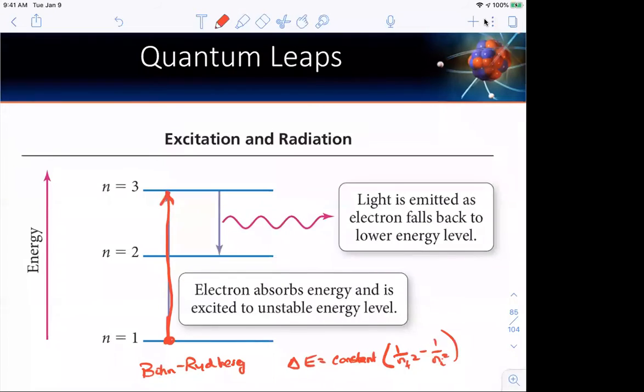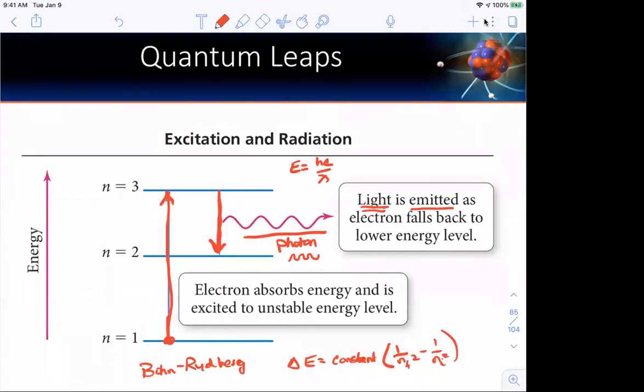Now let's say this relaxes down from the n equals 3 to the n equals 2 state. What it gives off is this photon, and it's this squiggly line because it's trying to indicate a wave. So my light is emitted, and the wavelength of the light that is emitted corresponds. Remember, E equals hc over lambda.